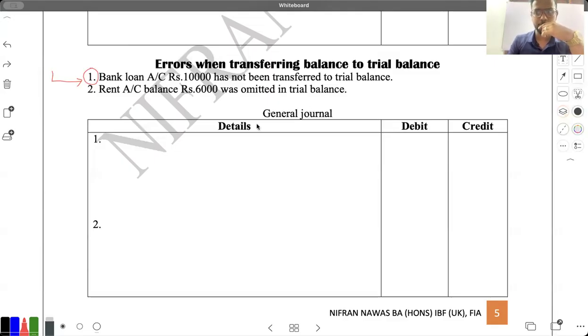What about others? If you can provide an answer to this, you are a pro. Good, Amila. Appreciate if others can answer too. It's a very simple one, by the way. Bank loan account 10,000 has not been transferred to the trial balance.